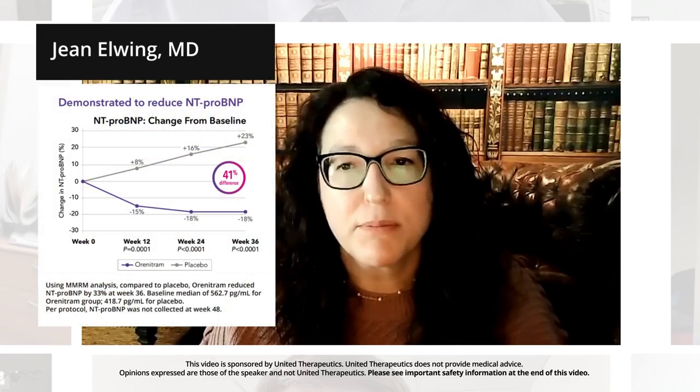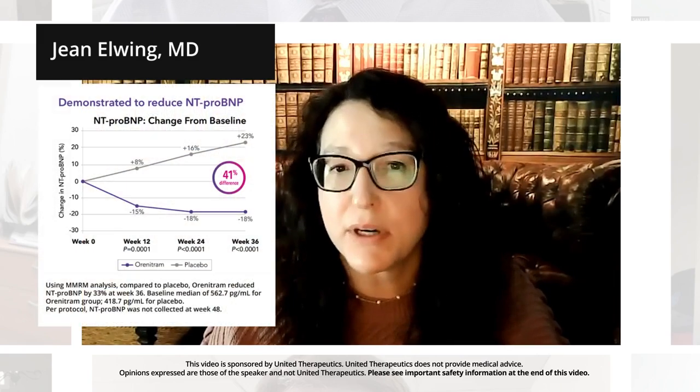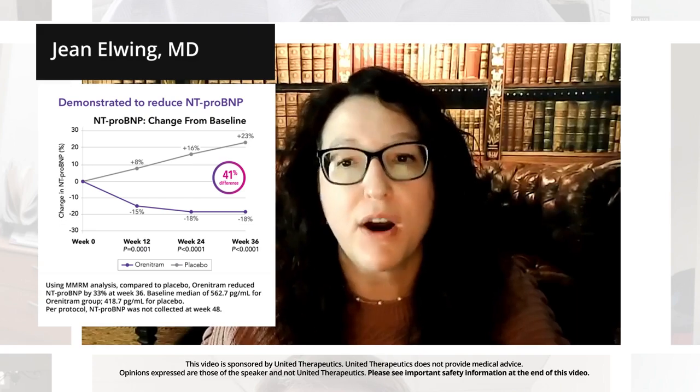Also, Orenitram-treated patients had biomarker changes associated with improved RV function. 96% of the functional class 2 patients receiving Orenitram maintained 3 low-risk criteria in the French assessment at 24 weeks. That was 27 out of 28 patients, as well as 36 weeks, 24 out of 25 patients.